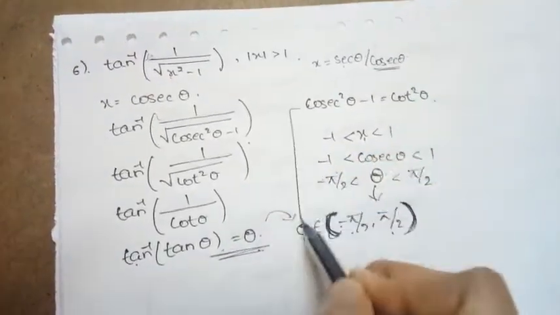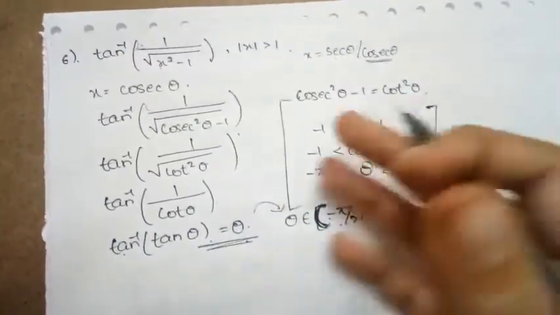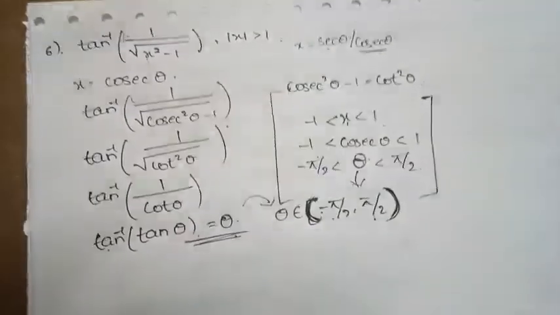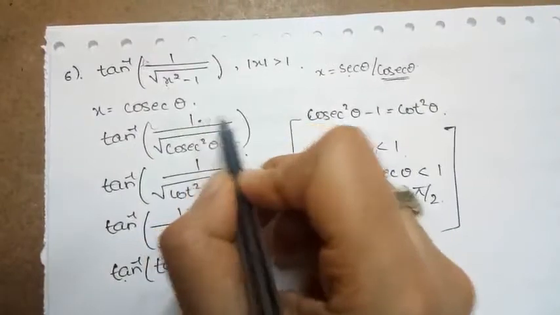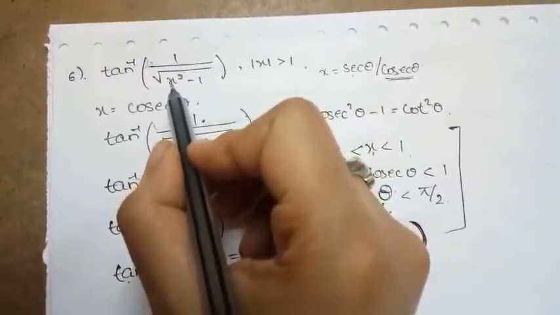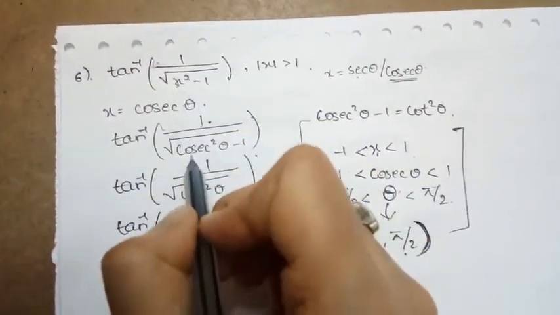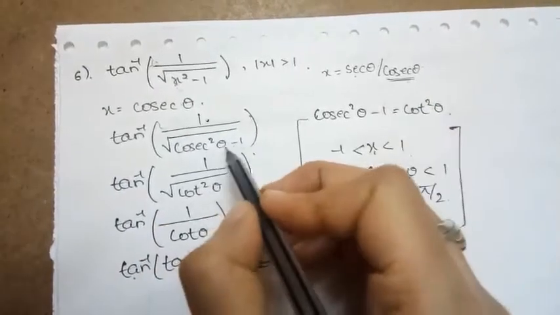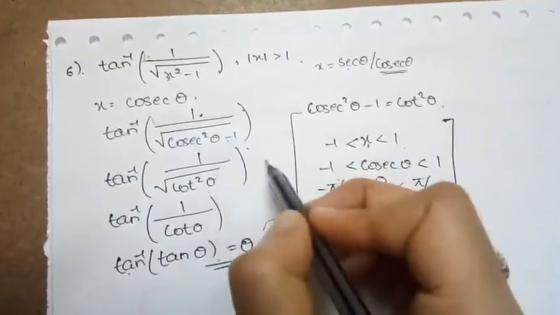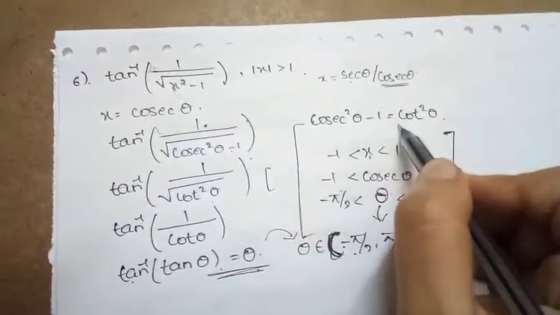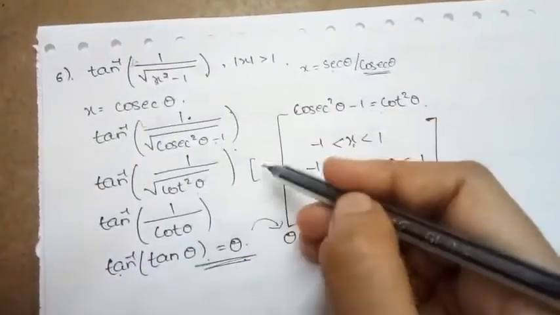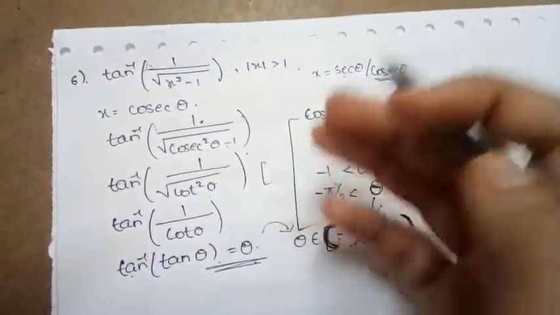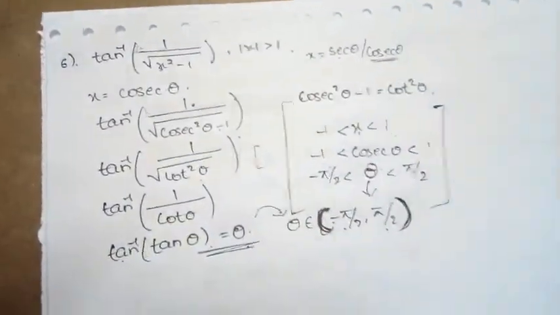You can note this down on the side so that you can understand the topic very clearly. While substituting in each method, here I took x equal to cosecant theta. Before writing cot theta, write in brackets which identity you used, so that you can understand every step very clearly while writing every problem and there will be no confusion.